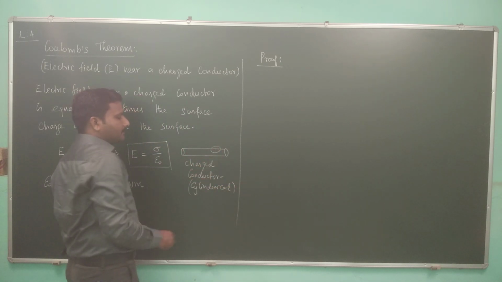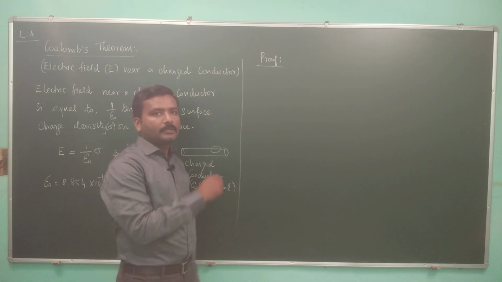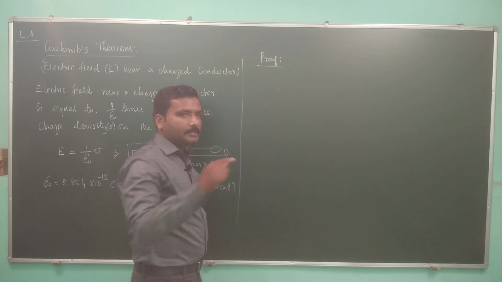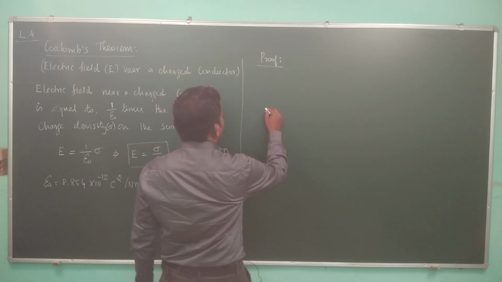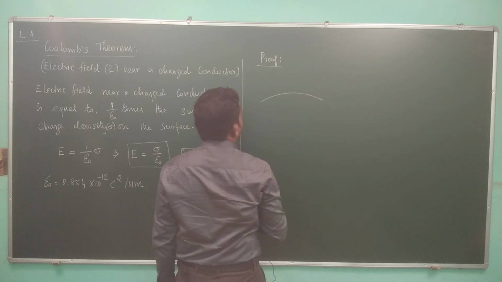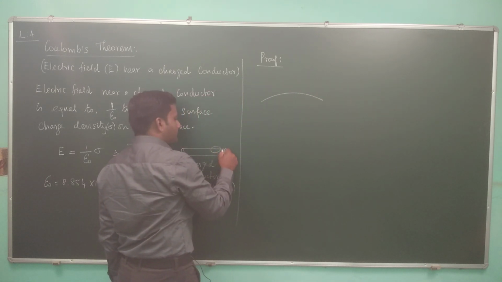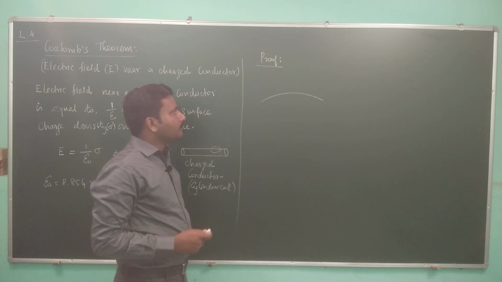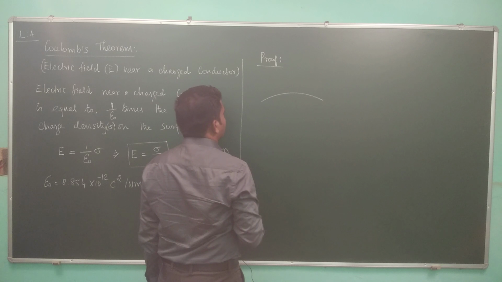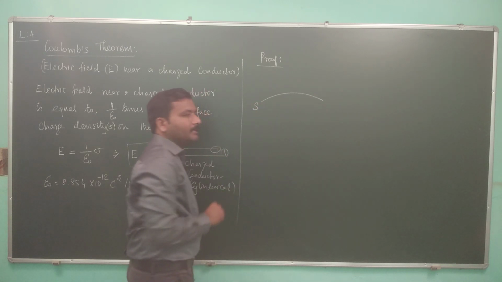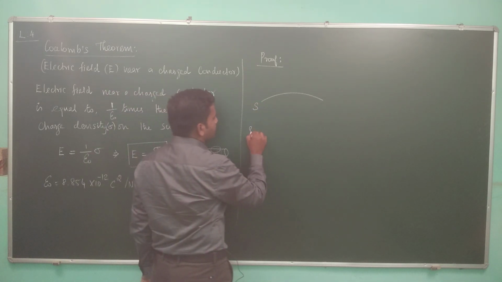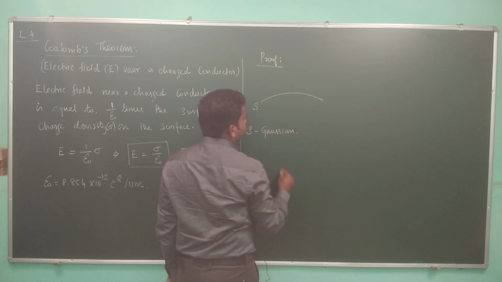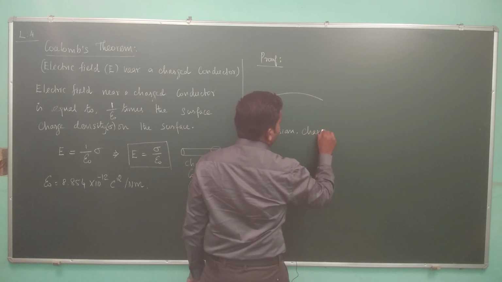We will consider a portion of the top surface of one such charged conductor. Let me draw that. It is part of some curved surface. Let me denote it as S, the Gaussian surface on the charged conductor.